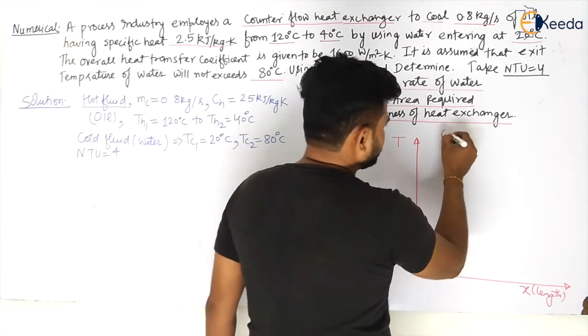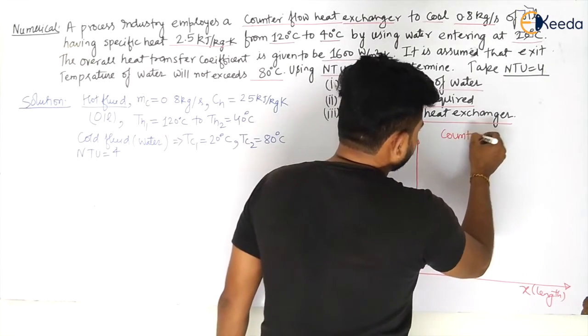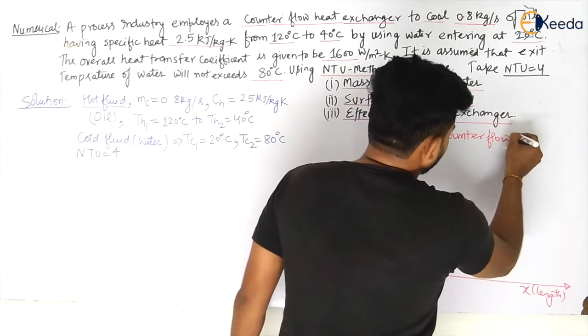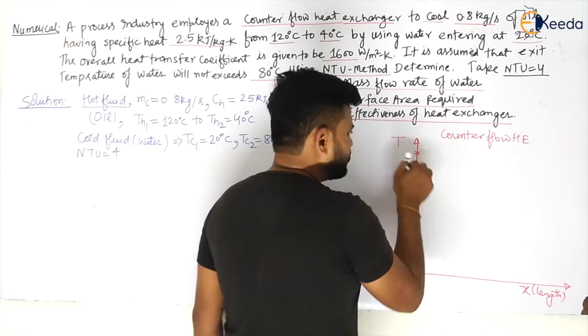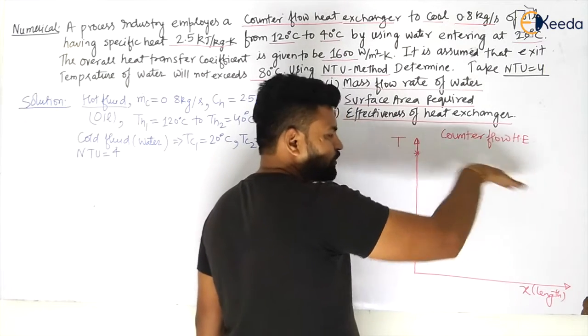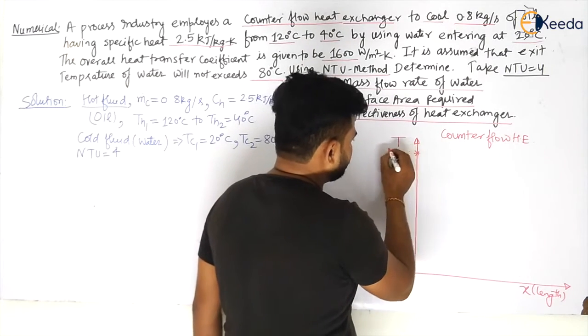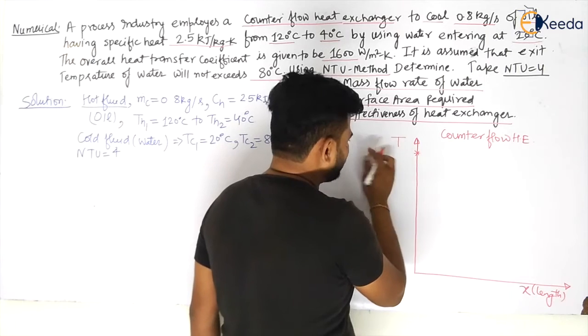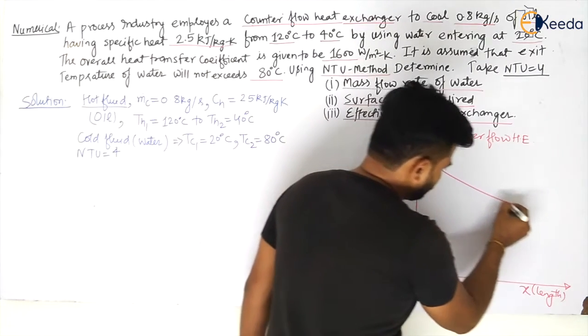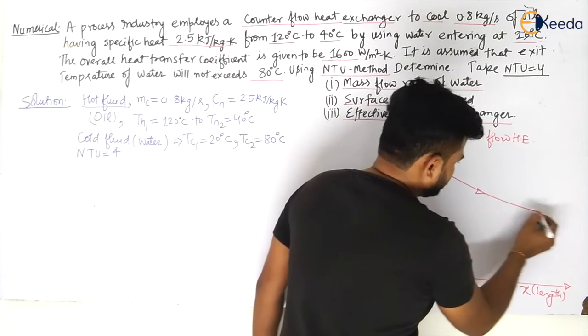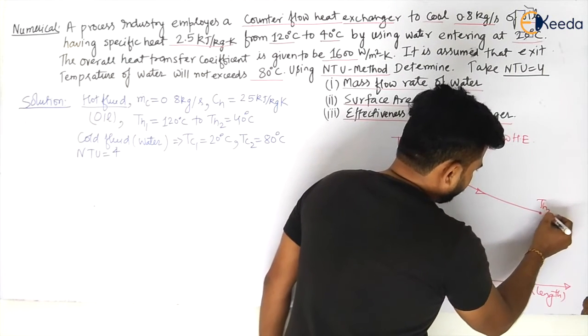He has given us a counter flow heat exchanger, my dear students. So in counter flow we know there is opposite flow of the fluids. The fluid is cooling from TH1 to TH2, my dear students.